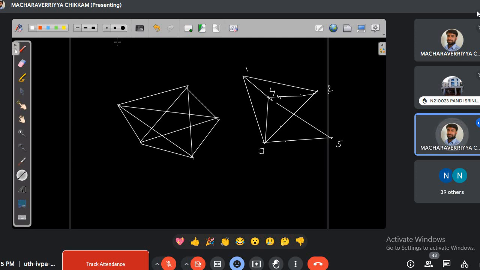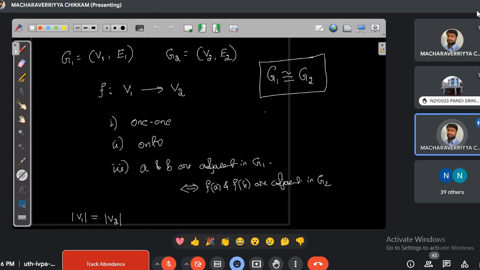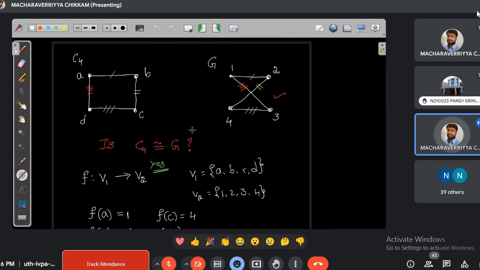Also we need to take properties that are invariant under isomorphism. You can't say, sir, in the last problem here the lines are intersecting, here the lines are not intersecting, therefore both are not the same. It is not about intersection. Since it is a graph, we are interested in adjacent vertices. That's it.